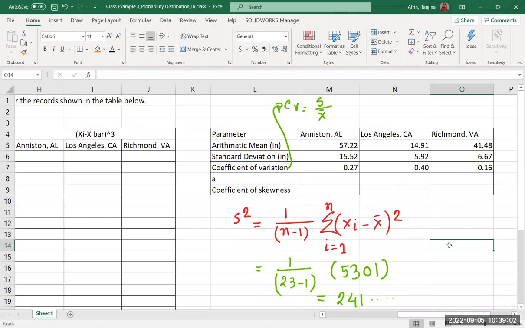Like 15.52 over 57.22. So do we have that, all of us? Okay, we'll wait a few more minutes. What does X bar represent? The mean, the arithmetic mean.